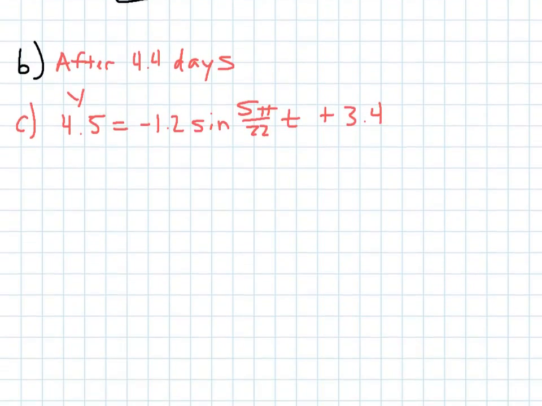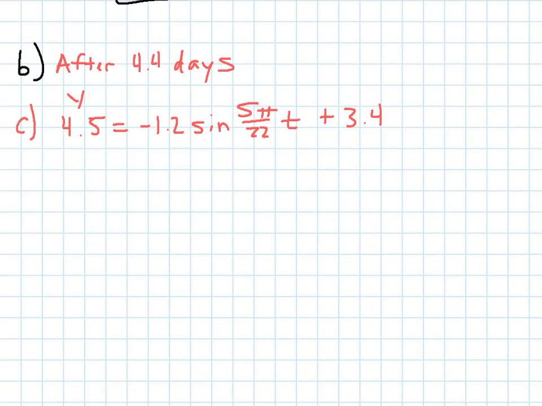Okay? So now here I want to solve for t. So I have to subtract 3.4 from both sides. So it gives me 1.1.